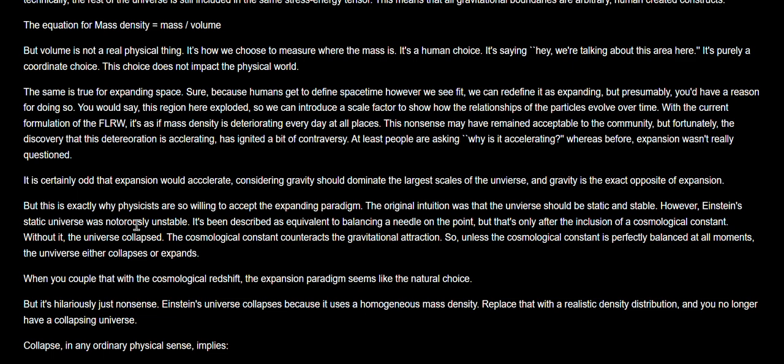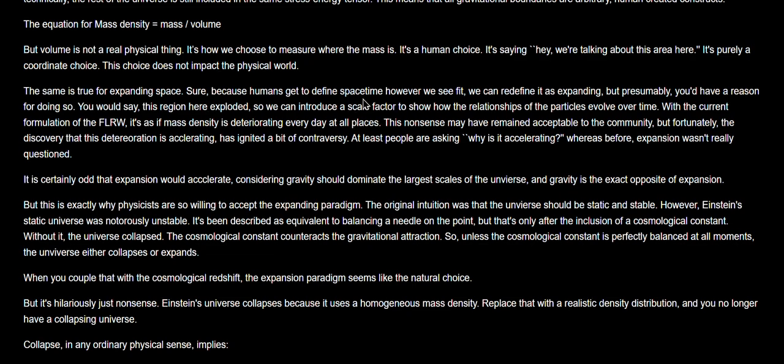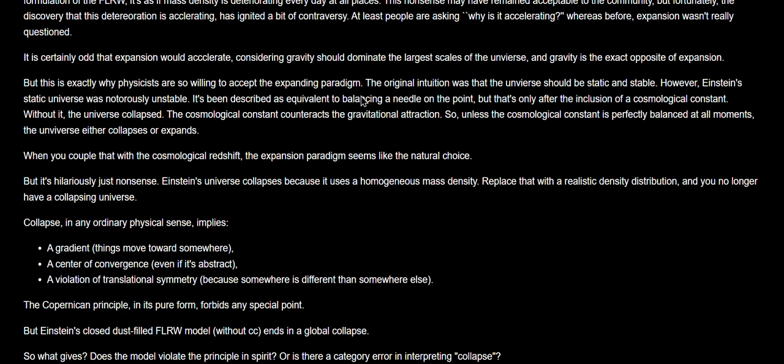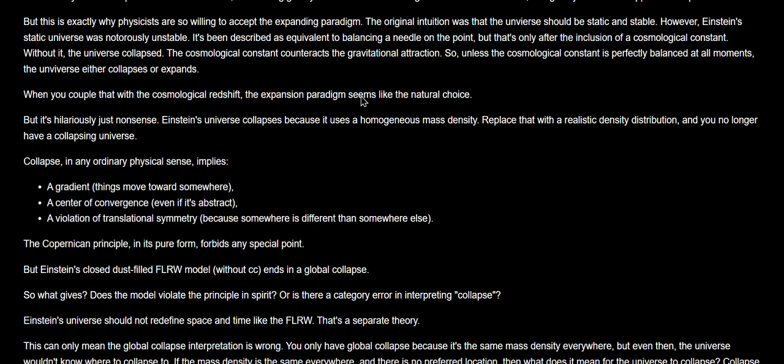Any collapse chooses a point, and it violates the Copernican principle. The Copernican principle is the idea that you can't just choose a point and say that this is the center of the universe. All points should be the center of the universe. And if all points are homogeneous, and all points are the center of the universe, then the universe is collapsing towards all points, and you just described gravity.